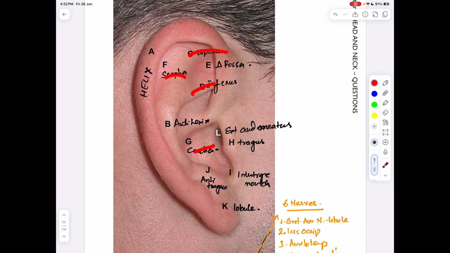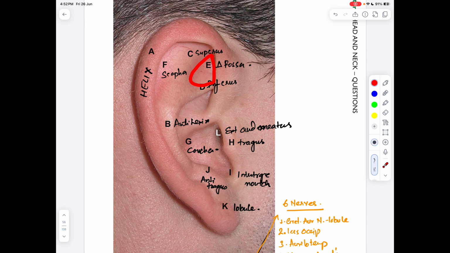Now you see there is a triangular fossa. So identify the different parts. What is the sensory nerve supply to the ear? The ear has around 6 nerves: greater auricular nerve, basically to the ear lobule, lesser occipital, auriculotemporal, vagus or Arnold's nerve, facial nerve, and glossopharyngeal or Jacobson's nerve.